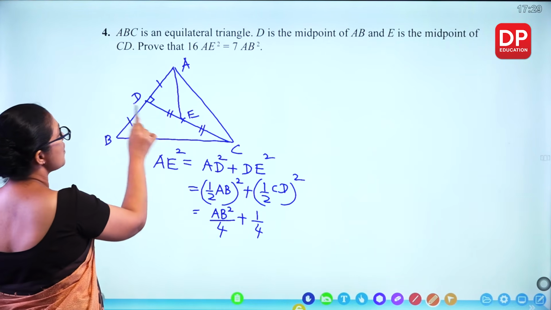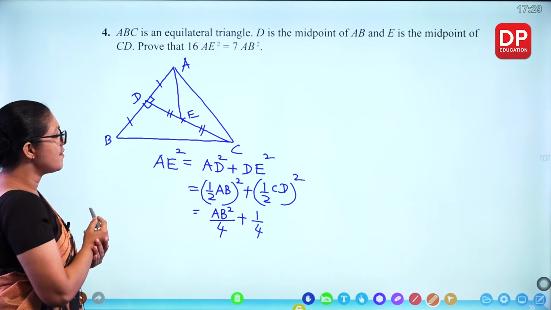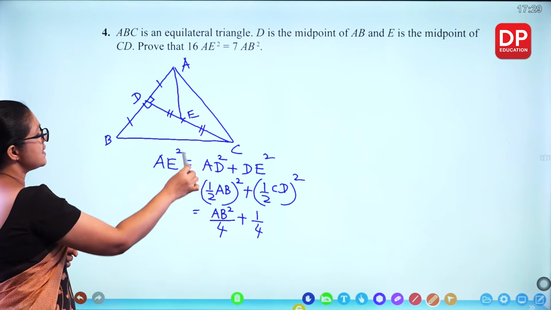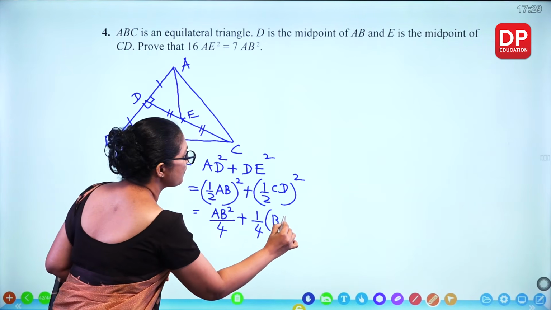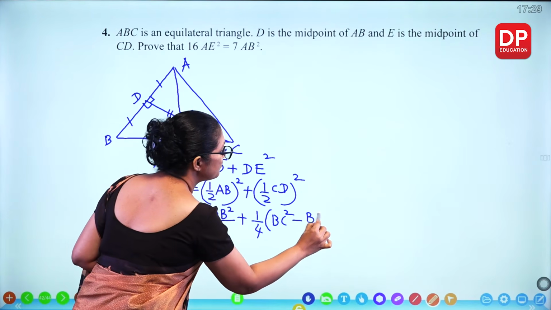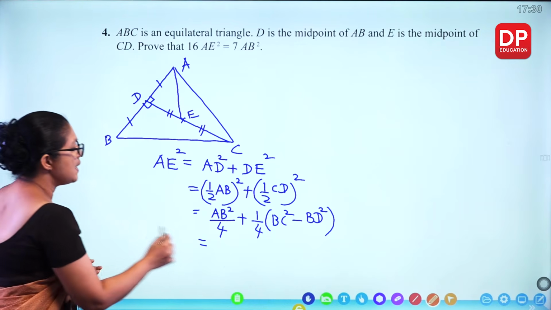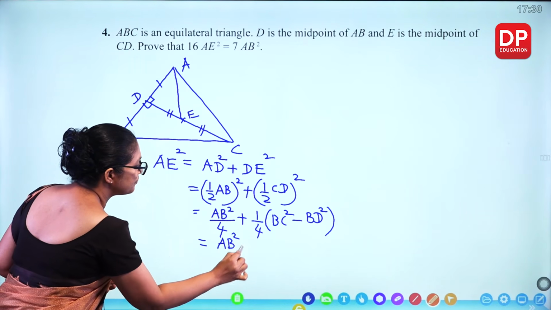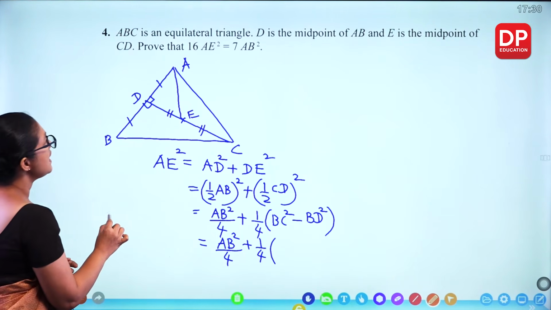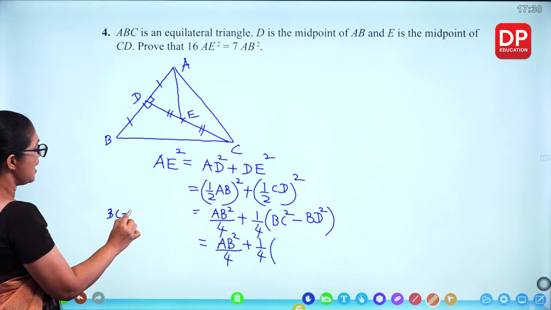So what is CD squared? Using the other side, this is 90 degrees. I can write CD squared is BC squared minus BD squared. But I know that BC is same as AB.